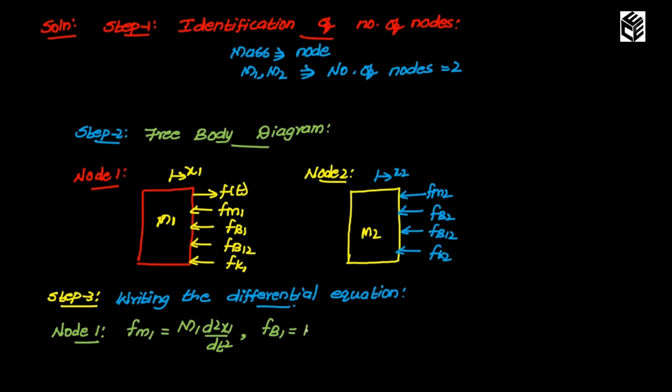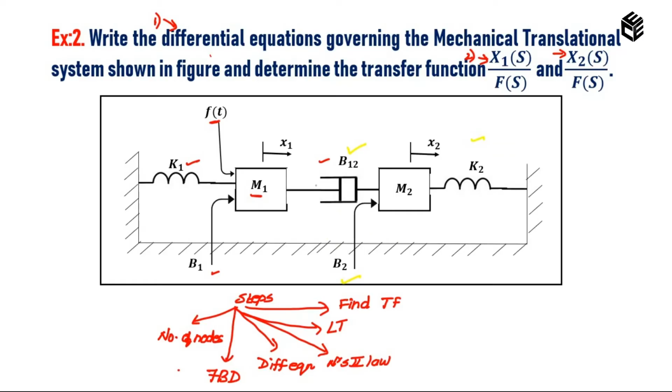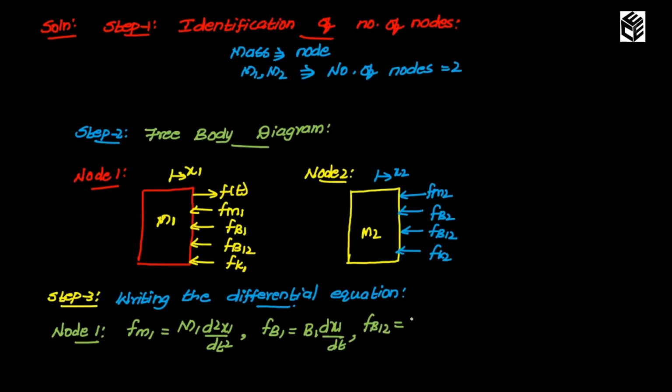So Fb1 is equal to B1 into dx1 divided by dt, and Fb12 is equal to, so B12 is connected between the two masses m1 and m2. Therefore, it takes the two displacements x1 and x2. Therefore, Fb12 is equal to B12 into d by dt of x1 minus x2. Similarly, Fk1 is equal to, K1 is connected to first node alone, so K1 into x1.